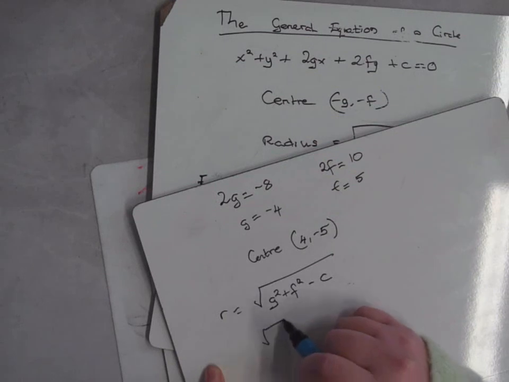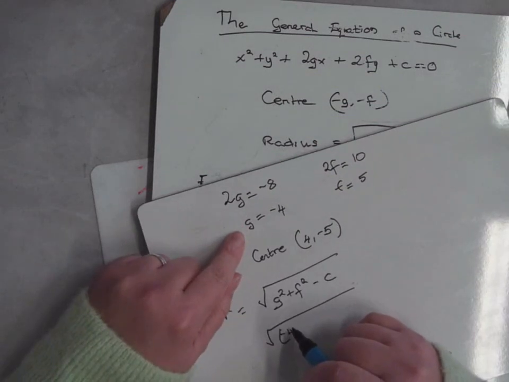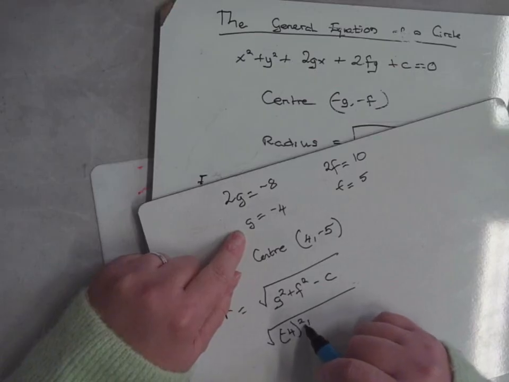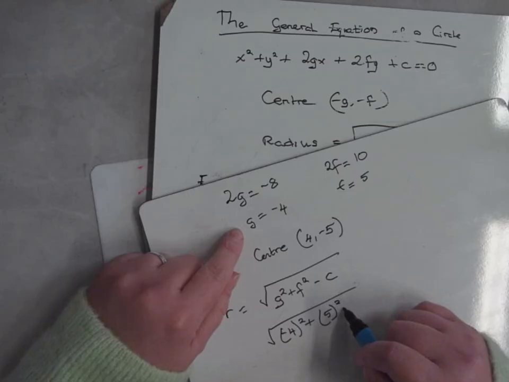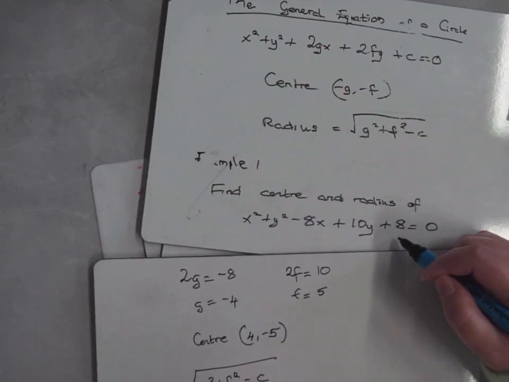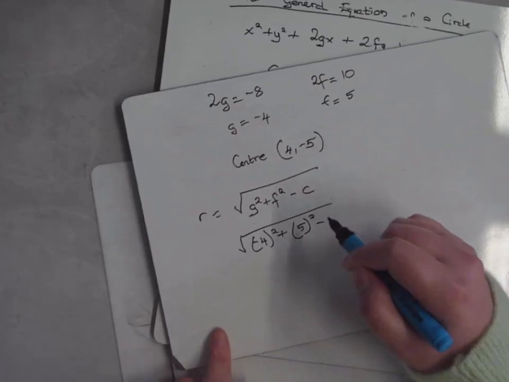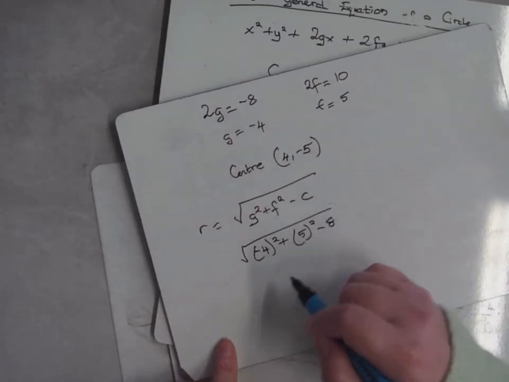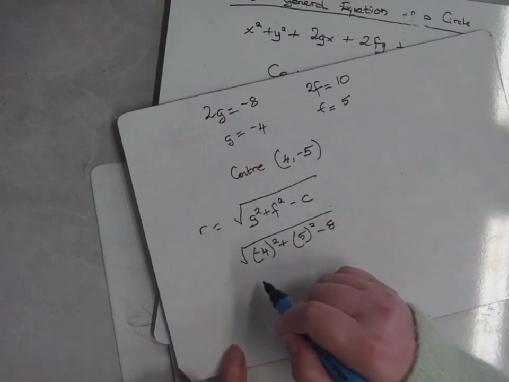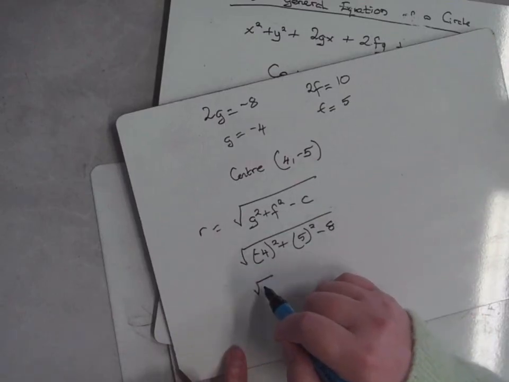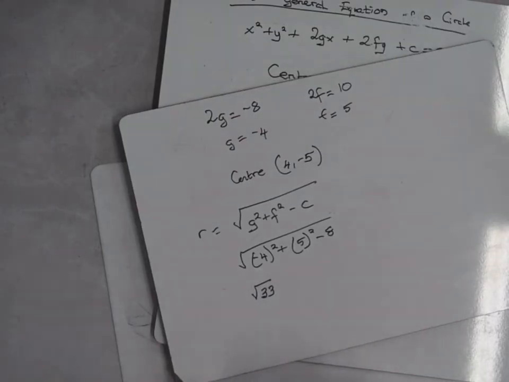So it's the square root of, and look, you've g up here, you're not changing signs here, it's minus 4 squared plus 5 squared, and then minus c, where c is the number in the equation, so it's minus minus 8. Is that alright? Okay, so that's 16 plus 25, which is 41, take away 8 is 33. It's weird because I made it up. Okay, is that alright?